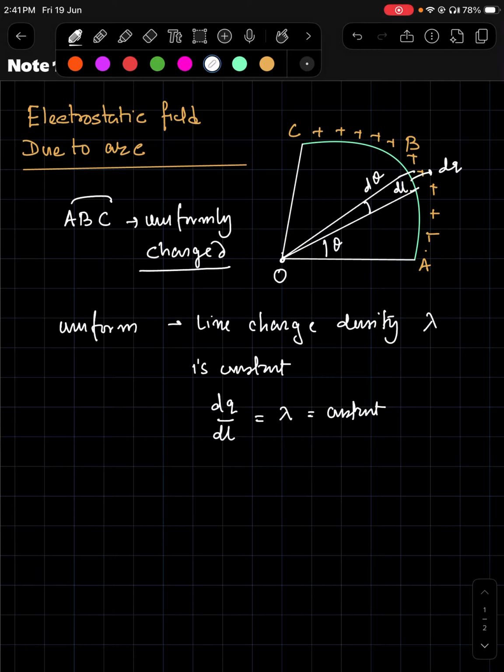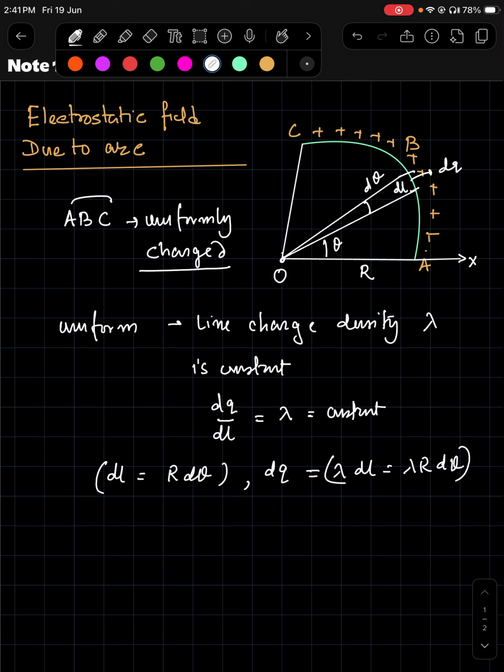I have taken the horizontal direction as the x-axis. We take the radius as r. So dl, according to the geometry, becomes r d theta, and the charge dq equals lambda dl, which is lambda r d theta. Good, we have found the charge on the element.